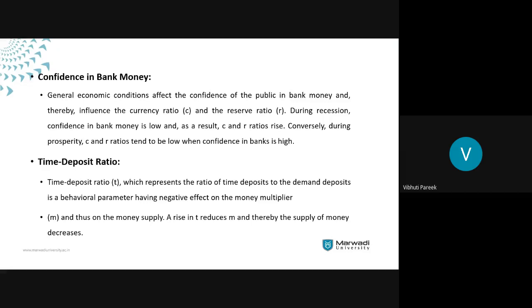Whereas in the time of prosperity, people trust the bank, so they are not going to stand outside the bank in a queue, and the bank will not have to return any money immediately. So the reserves can be kept low. Okay, so we'll stop here and continue with other determinants in the next lecture.